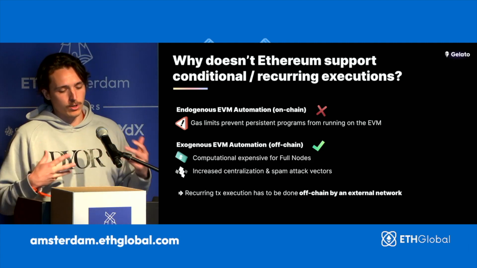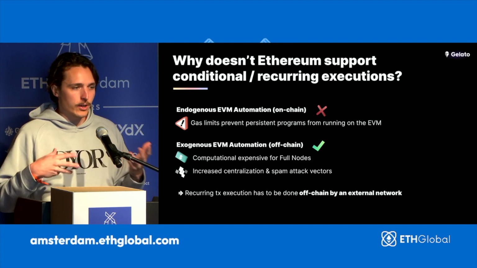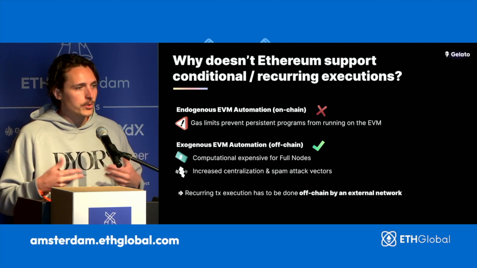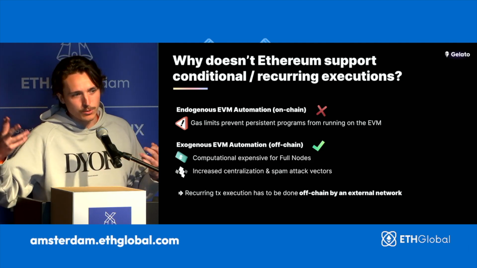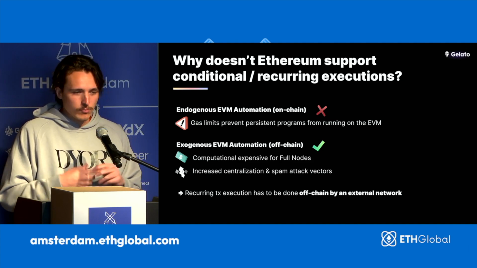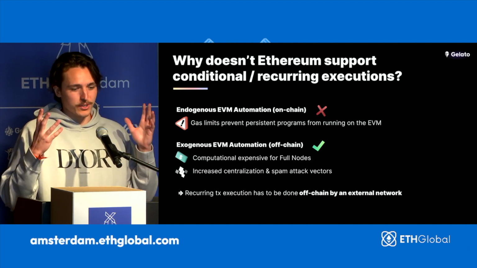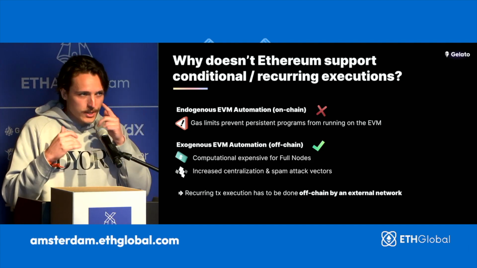The first one I call endogenous EVM automation, which is basically: why don't these functions just run in for loops and always run, and then certain logic is executed whenever these conditions are met? It's because in a blockchain you have a block, and only a certain number of transactions fit in, right?